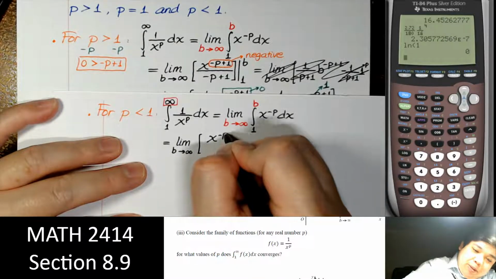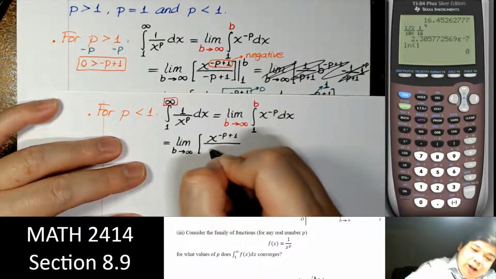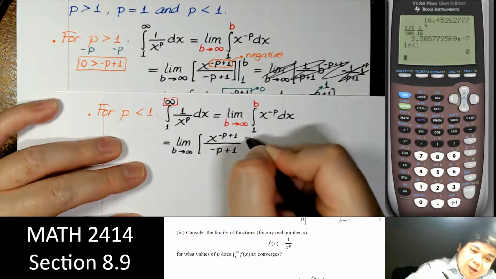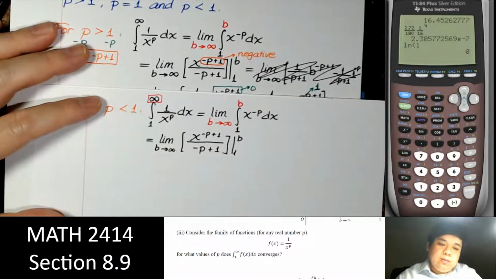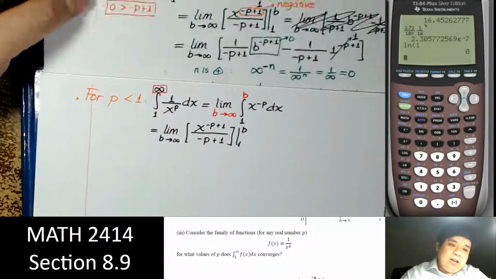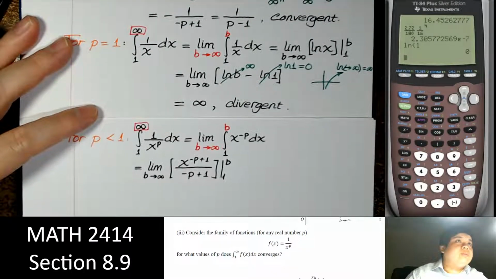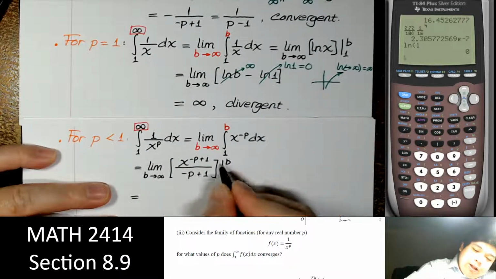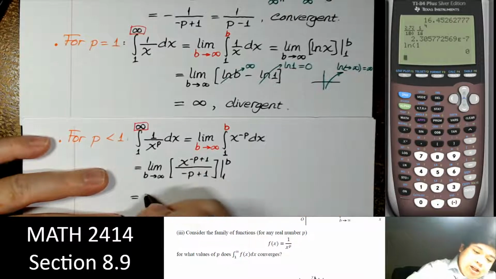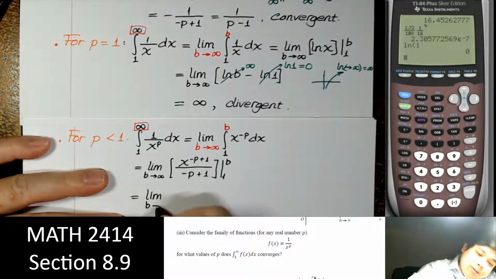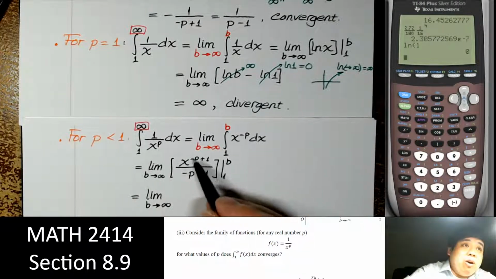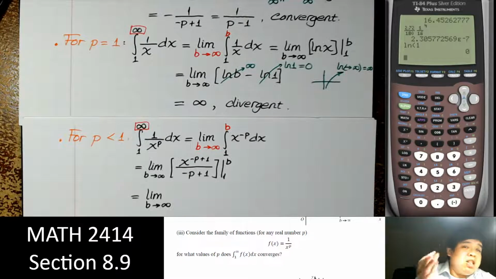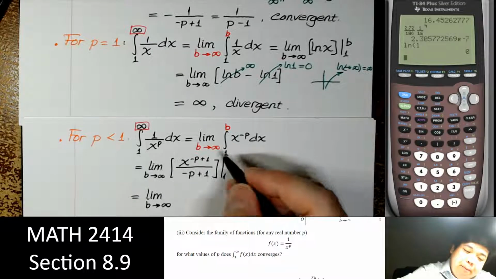The integral is x to the negative p plus 1 over negative p plus 1, from 1 to b. We put b in here and put 1 in here. On the homework, you don't have to worry about the p here; you have a particular number like 2 or 1/2.